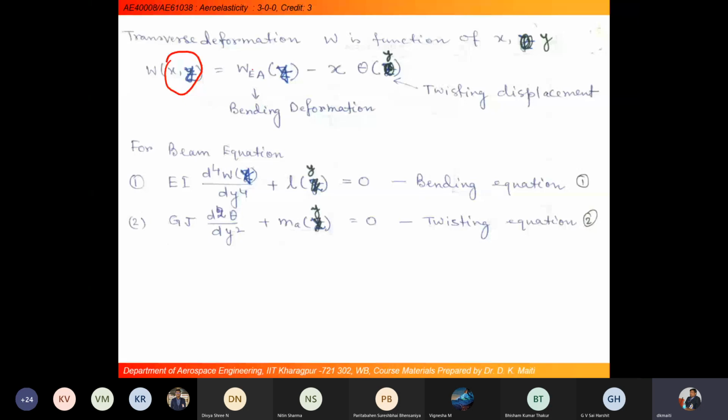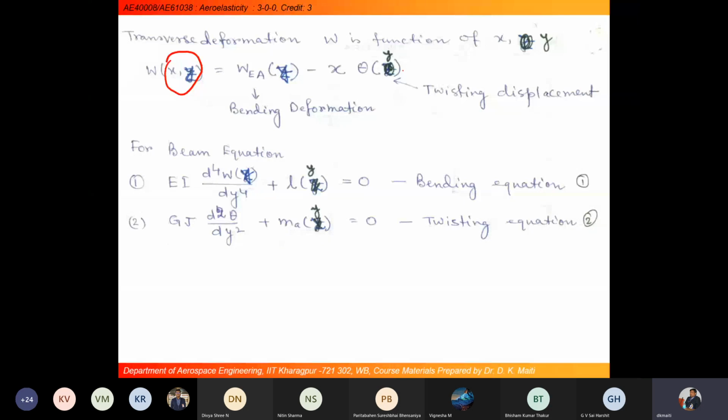W is the transverse deflection with respect to y. And due to the change in angle of twist, we get the total deflection at any point in the finite wing: W EA, the bending deformation at the reference point, minus x into theta y, that is x into the rotational twisting displacement of the finite wing.